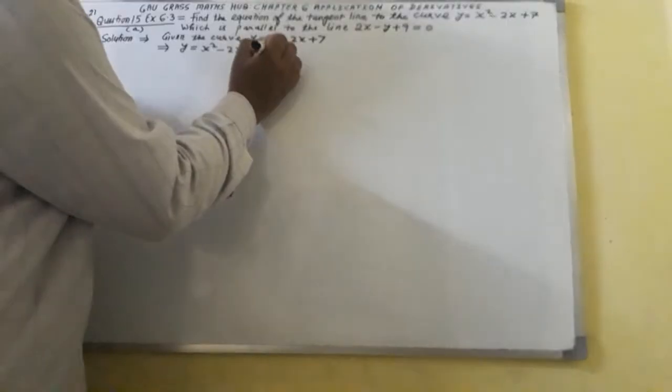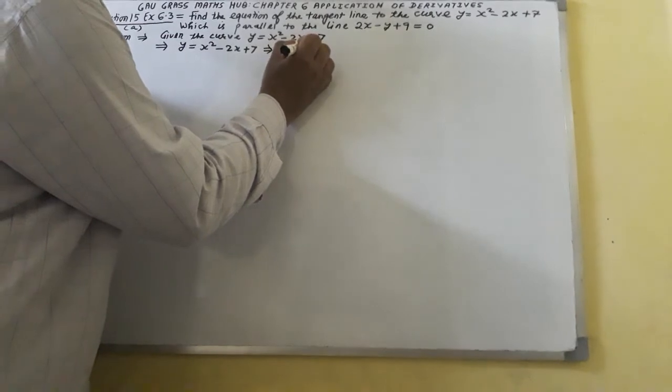Again I shall write, implied that y equal to x square minus 2x plus 7.